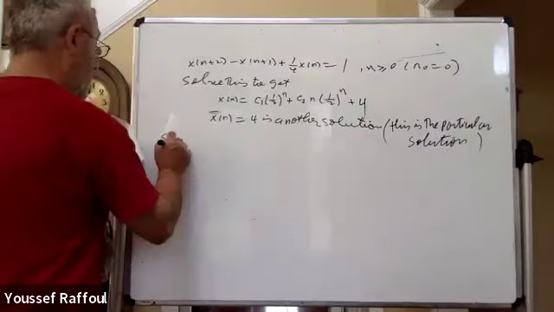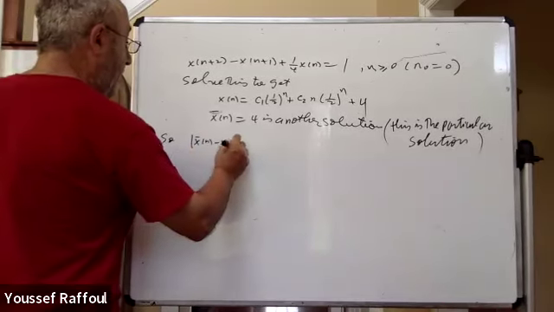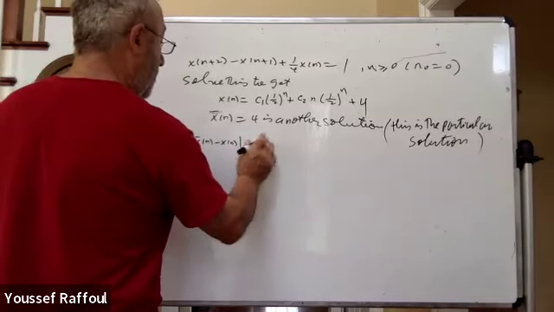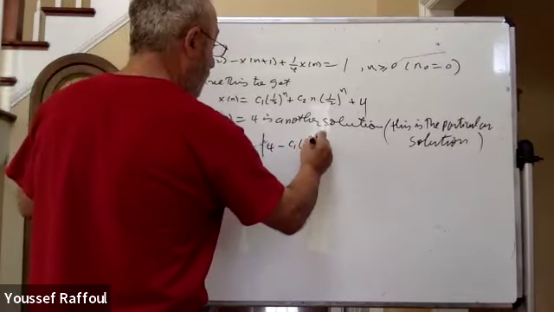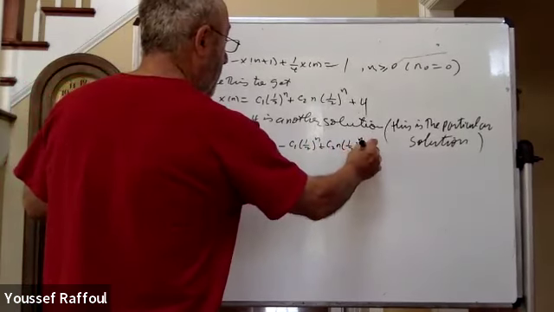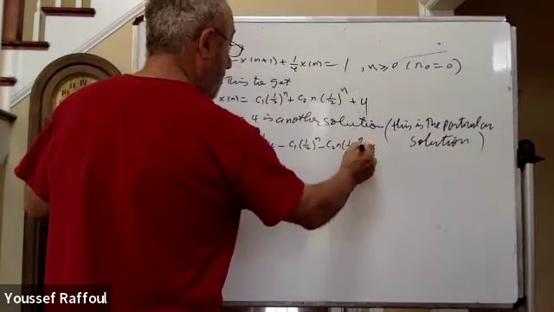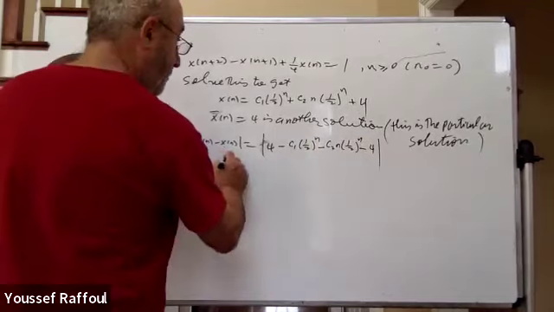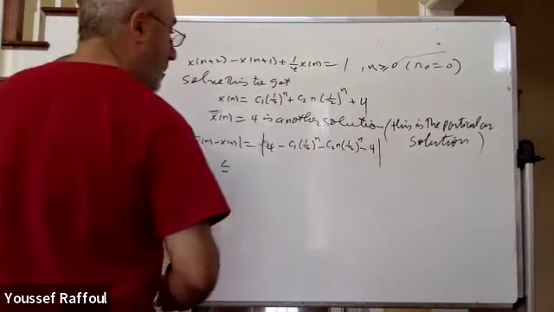And so x star of n minus xn equals 4 minus c1 (1/2)^n plus c2 n (1/2)^n plus 4 minus, and that is less or equal to, okay?